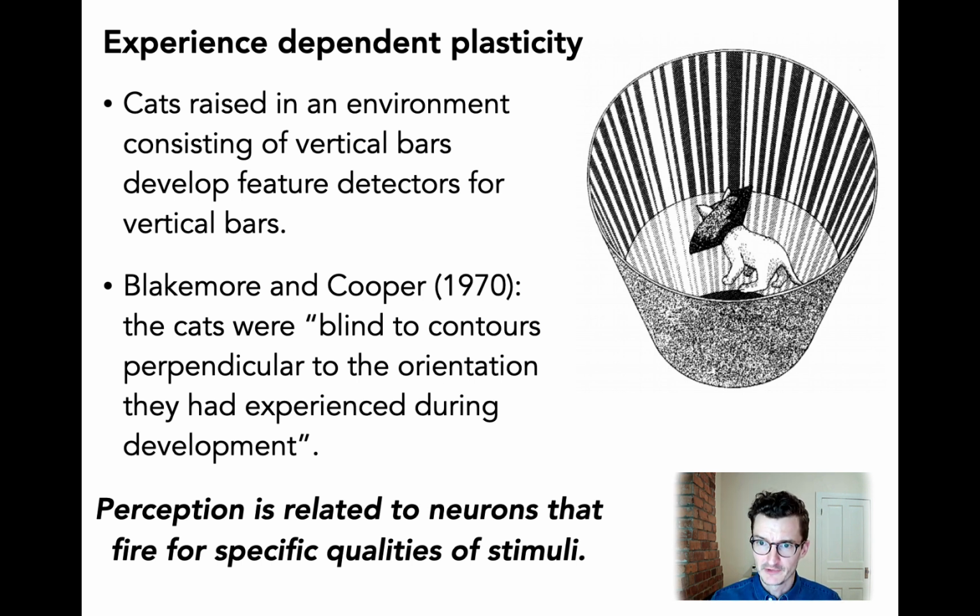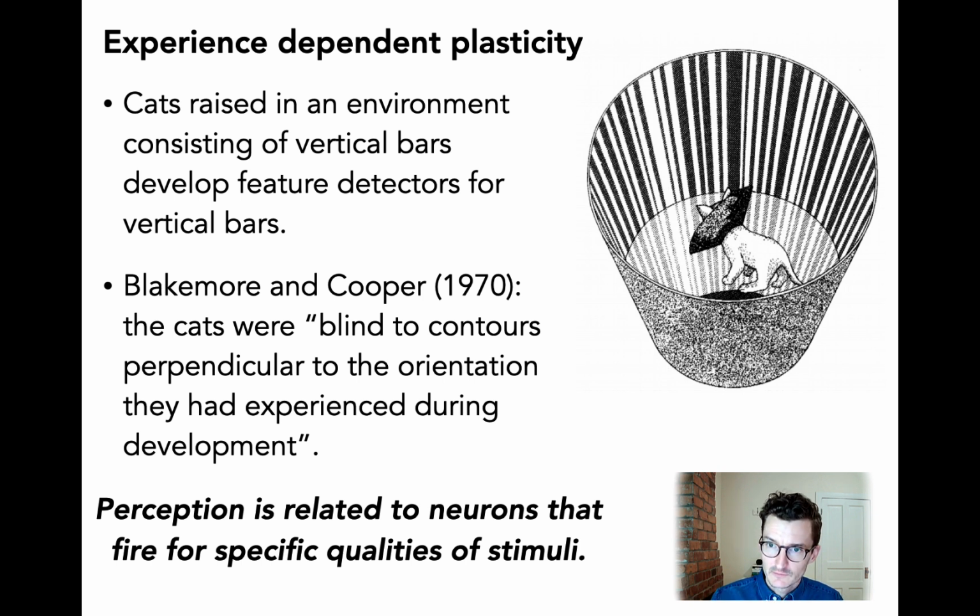So just to summarize this little section, how do we encode the intensity of stimuli in our world and the quality of stimuli in our world? The intensity seems to relate to the frequency of neural firing. The quality of stimuli seems to relate to the firing of specific feature detection cells in the cortex.